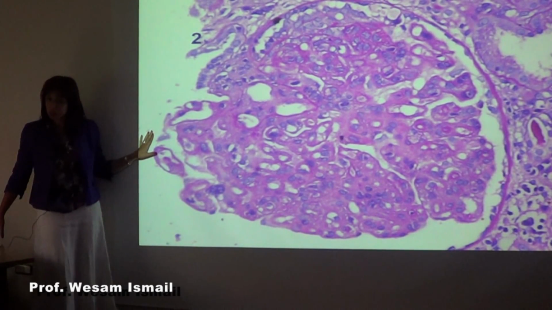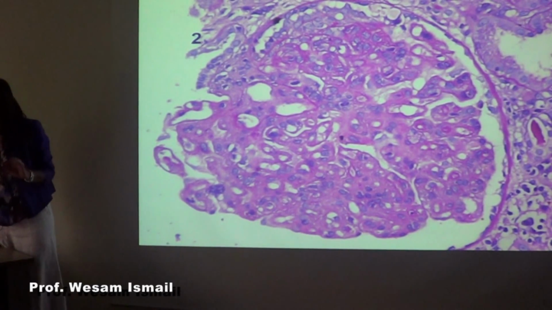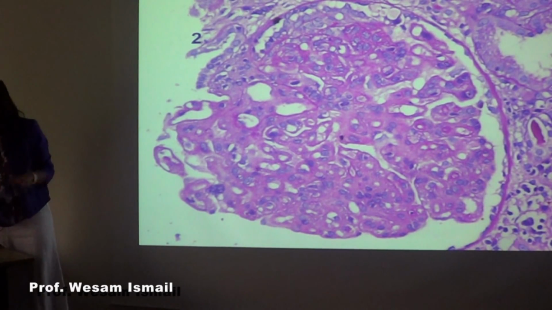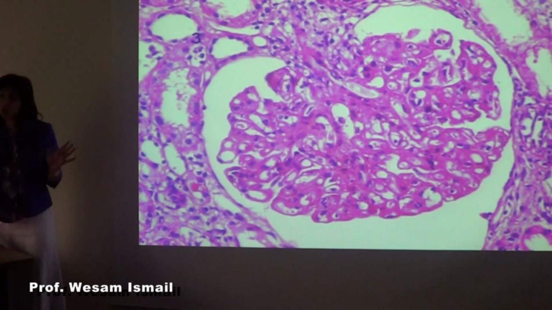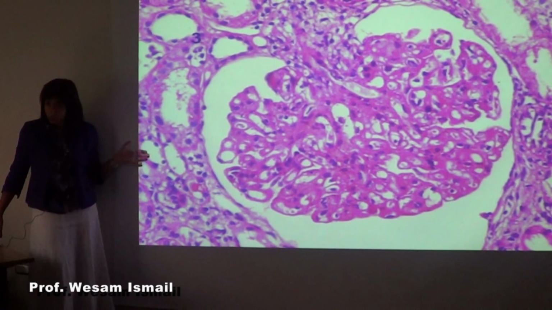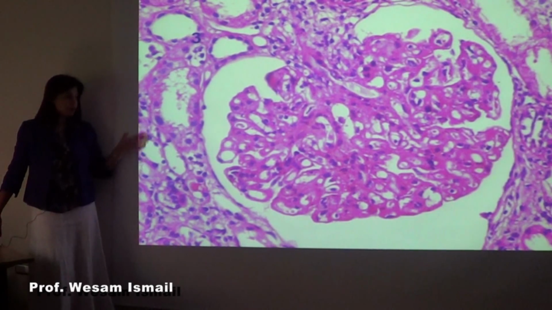And this is where you really need immuno studies, because in thrombotic microangiopathy you have no deposits. And thrombotic microangiopathy, by the way, does not equal hemolytic uremic syndrome and thrombotic thrombocytopenic purpura. It equals a lot of other diseases. So it is viable to see this pattern in patients not in the context of hemolytic uremic syndrome or TTP.